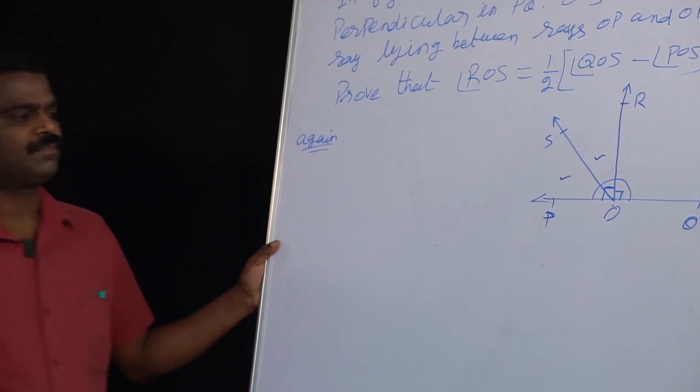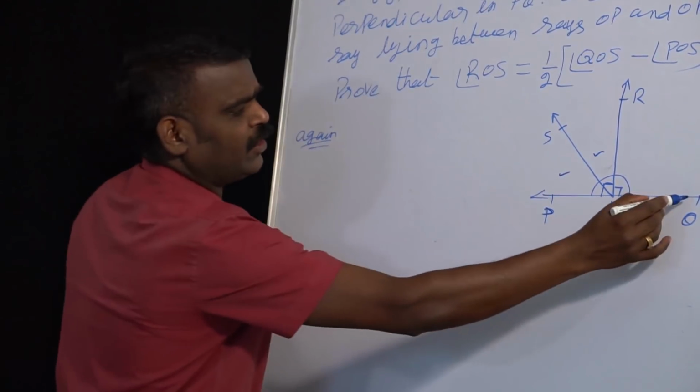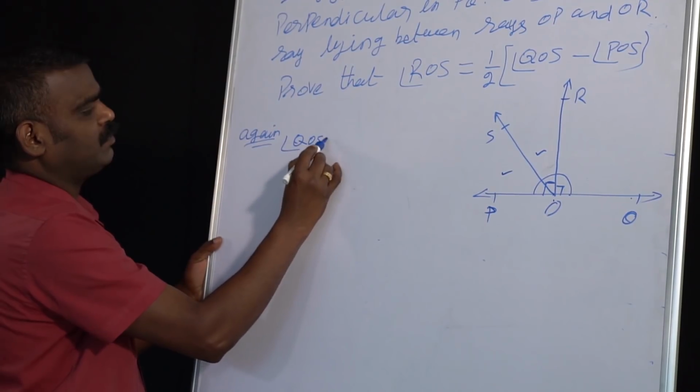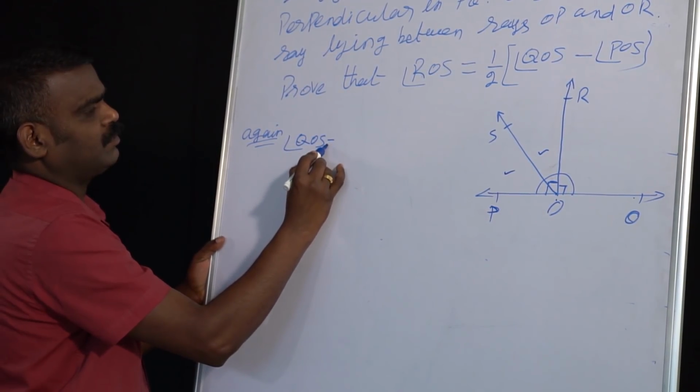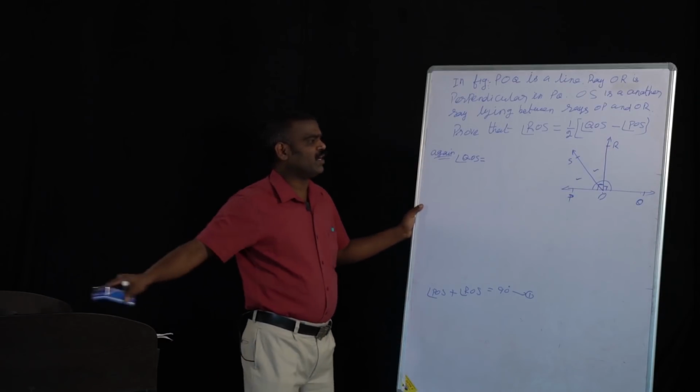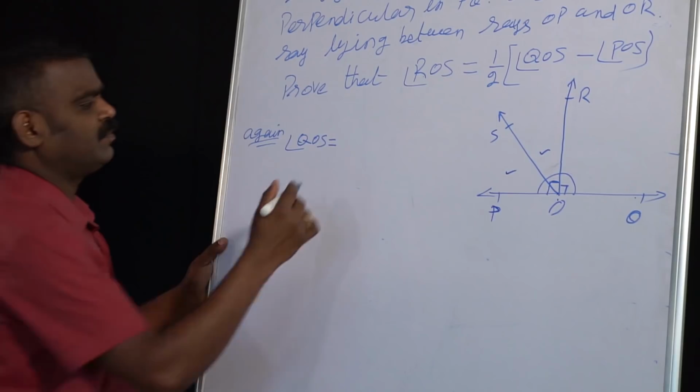Again, angle QOS consists of two angles. What are the two angles?